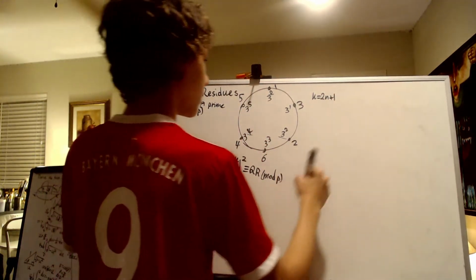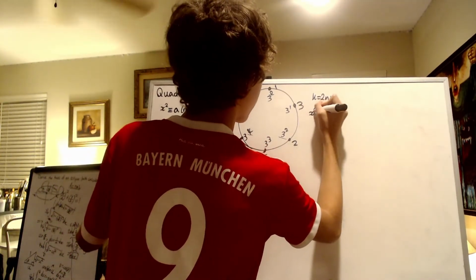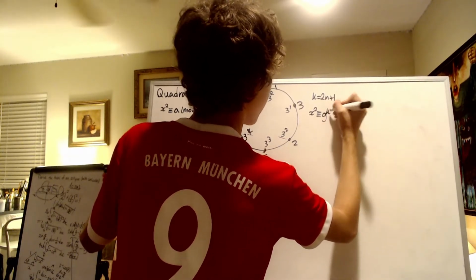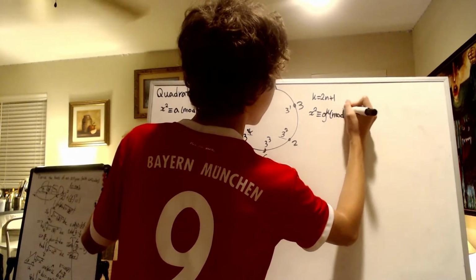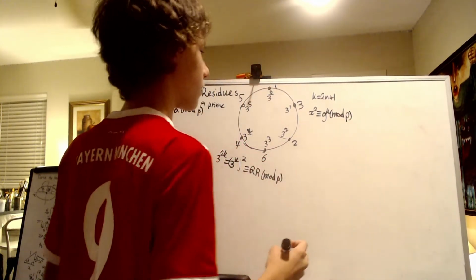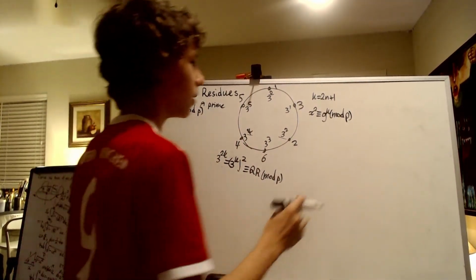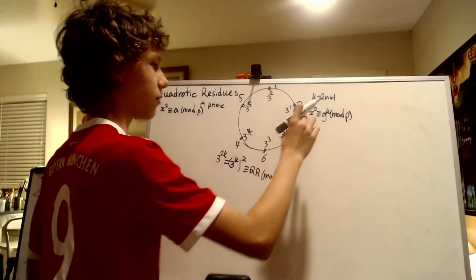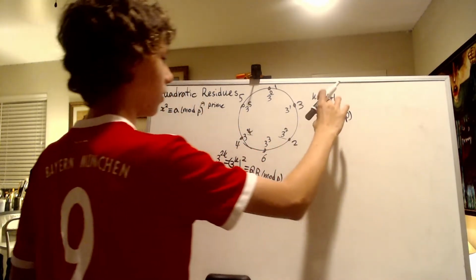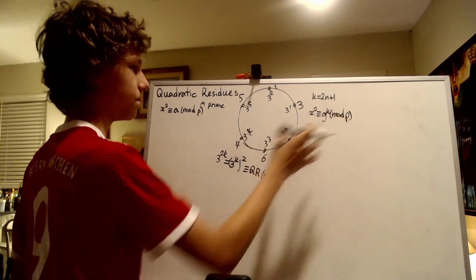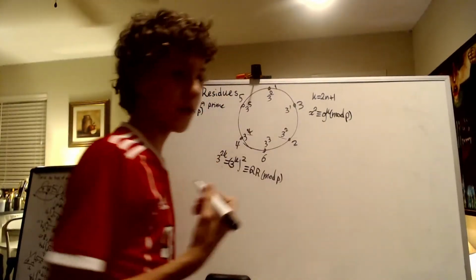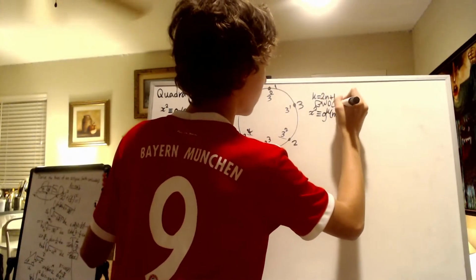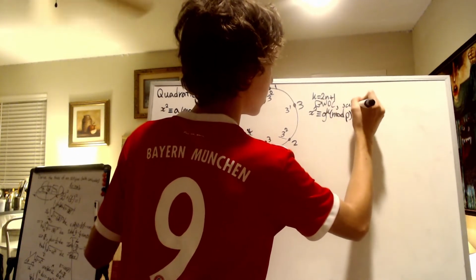And we're going to consider the following: x squared is congruent to g to the k mod p. By way of contradiction, we're assuming that g to the k is in fact a quadratic residue, which would satisfy this. So we want to arrive at some kind of contradiction. So I'll just write by way of contradiction here. Suppose.